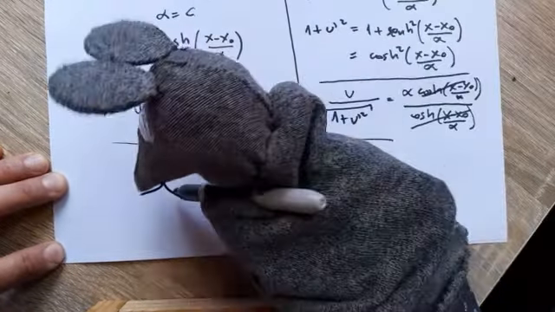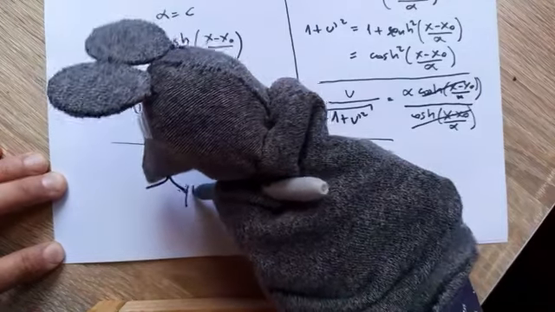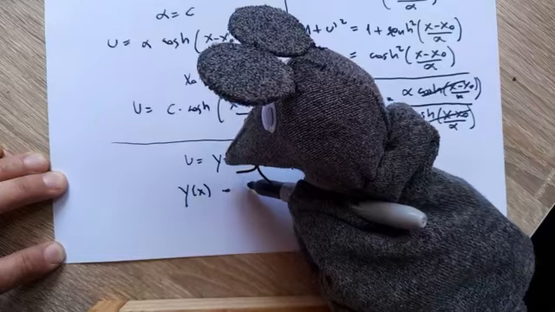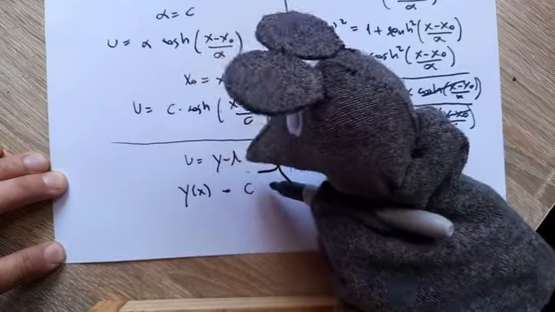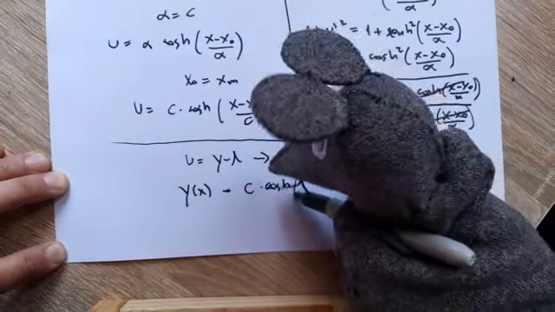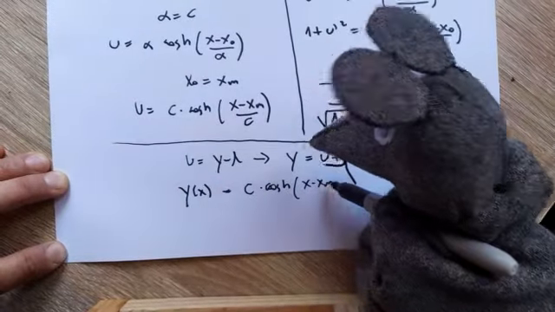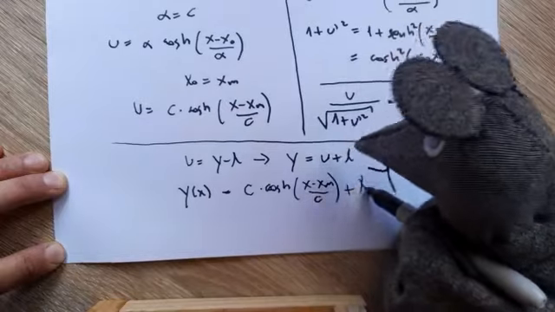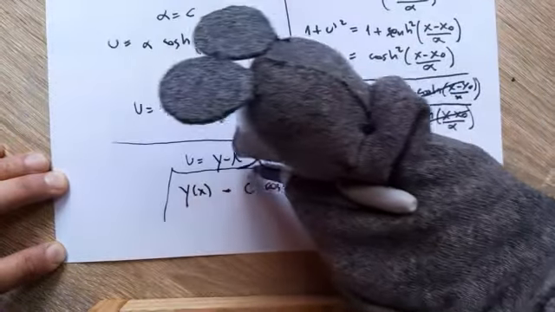So finally, y of x equals c times hyperbolic cosine of (x minus xm) over c plus lambda. And this is the solution.